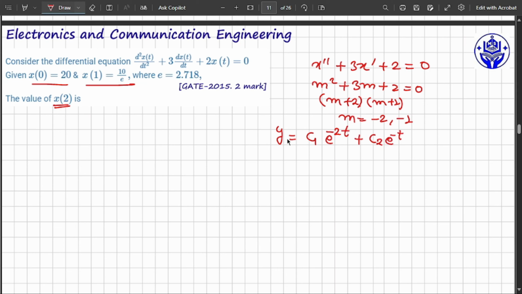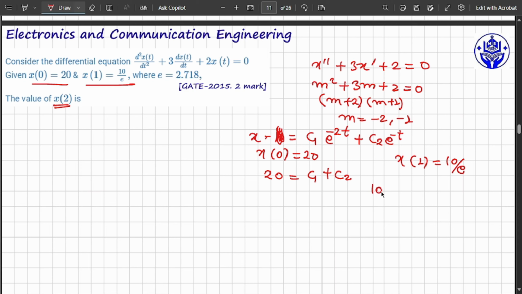Now I have the condition x of 0 equals 20. Sorry, it is not x, it is y. So my x is equal to 20 here, so it will be c1 plus c2. The next one is x of 1 equals 10 by e.